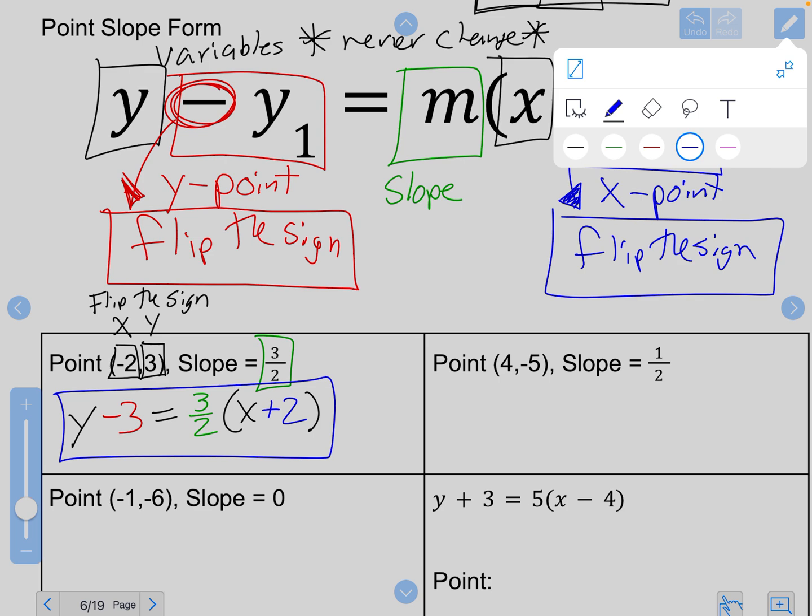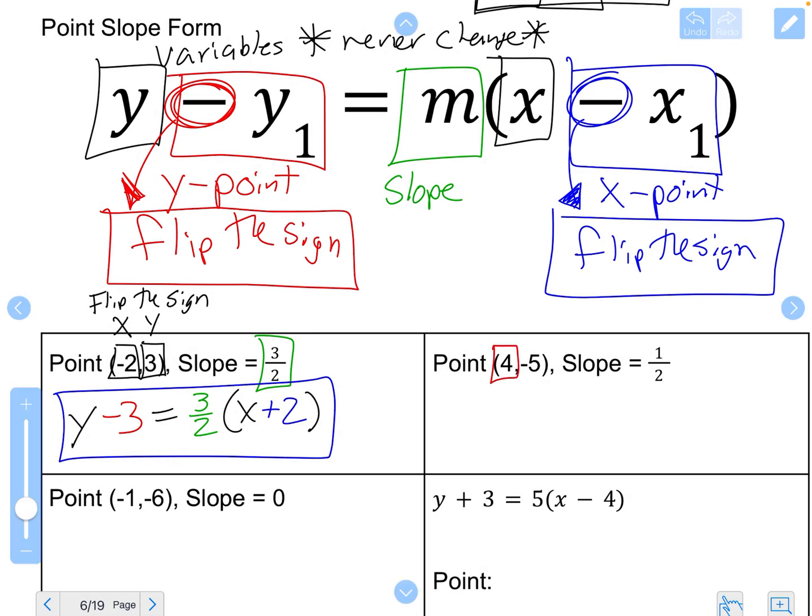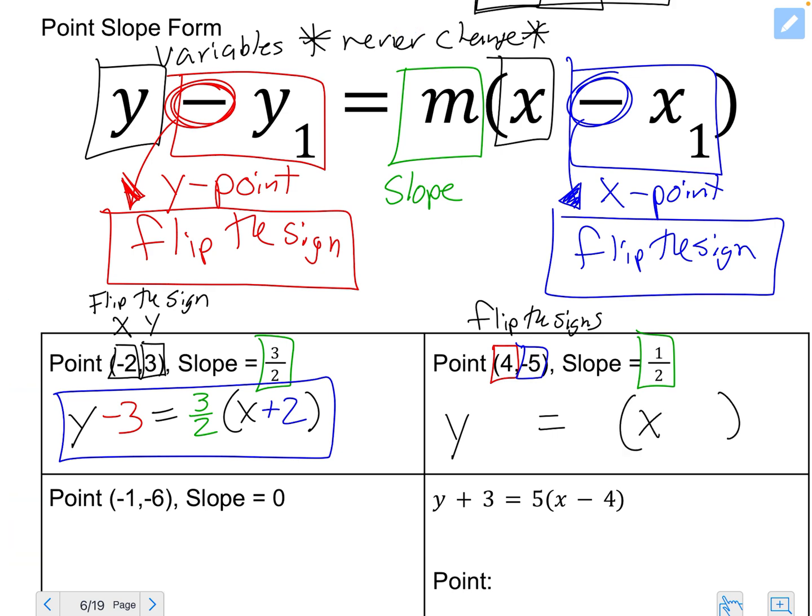So we're going to do the same thing. We need our y, we need our m, and we need our x. So we've got to remember to flip the signs. So we're going to put y something equals slope times x something.